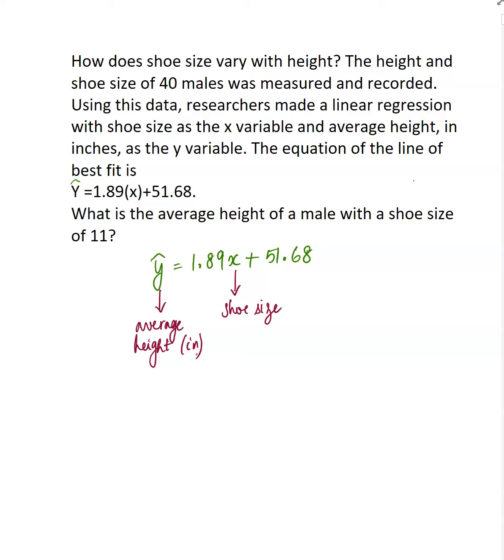Now, what's given to us is the shoe size of 11, and they want us to find the average height of a male. So you're predicting y by plugging in for the given shoe size, which is 11, for x.